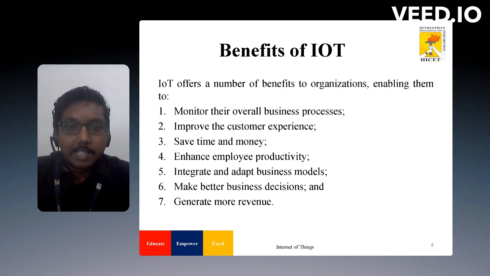After that, integrate and adapt business models. A person can integrate into the business models, adapt to new technologies, and make better business decisions. So that's what I already told. Decision making and customer satisfaction are the two important things to consider to generate more revenue. When all the devices are connected with each other, the revenue generated is very high.